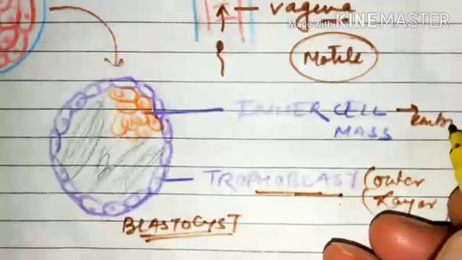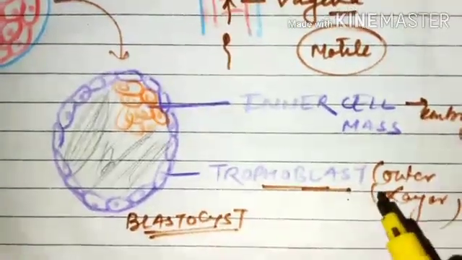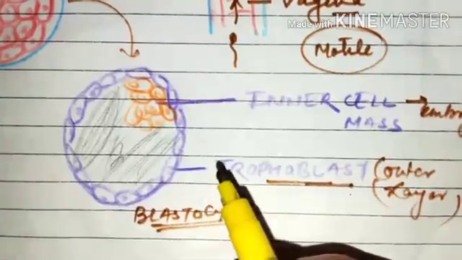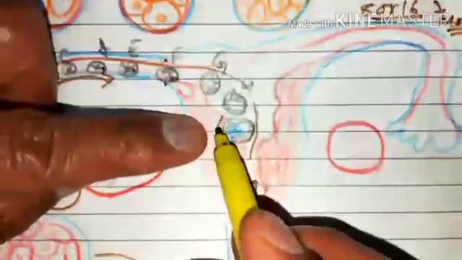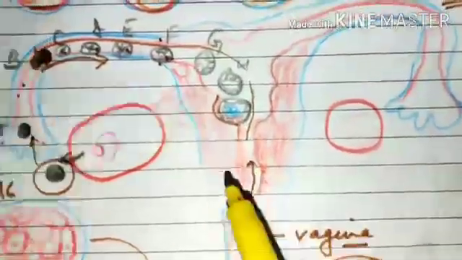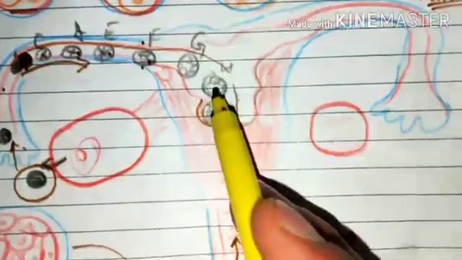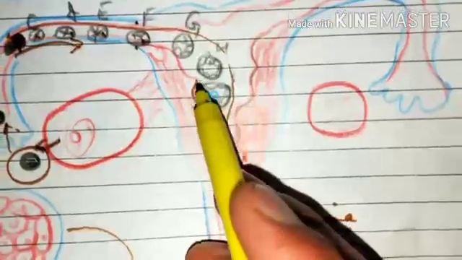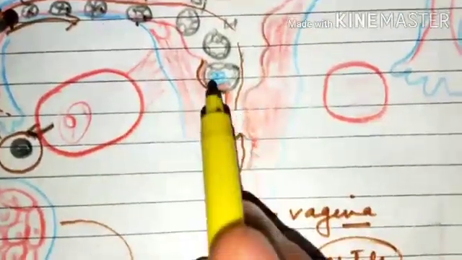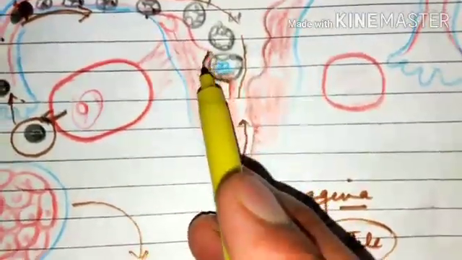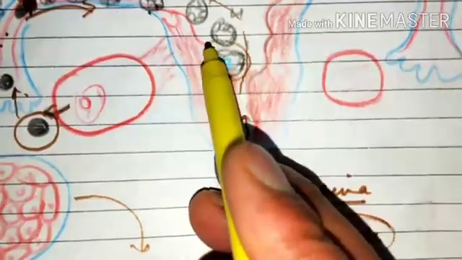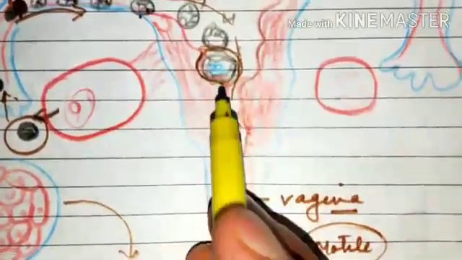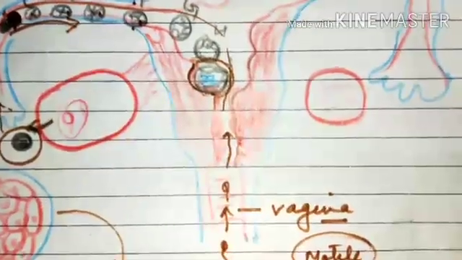So from here the embryo will form, and now this blastocyst gets embedded in the endometrium of the uterus. You know, the endometrium is the innermost lining of the uterus. When this blastocyst is formed, it gets embedded in the endometrium of the uterus, and simultaneously the endometrium grows around it and covers it fully, and this stage is called implantation.